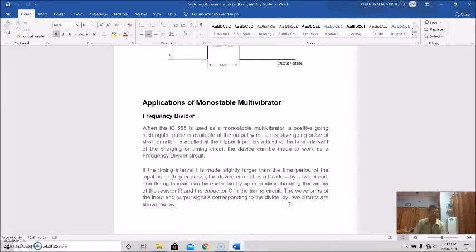That is very important. By adjusting the time interval T of the charging or timing circuit, the device can be made to work as a frequency divider circuit.